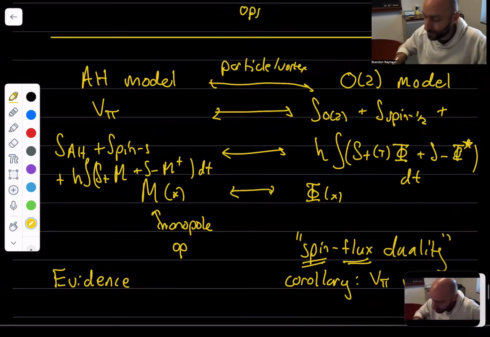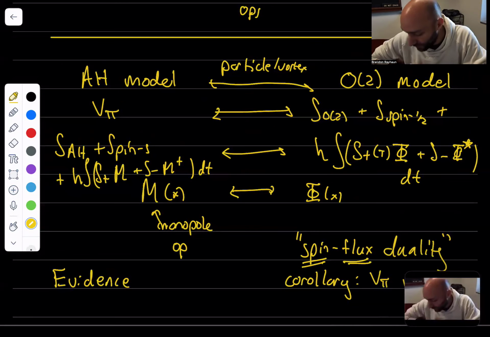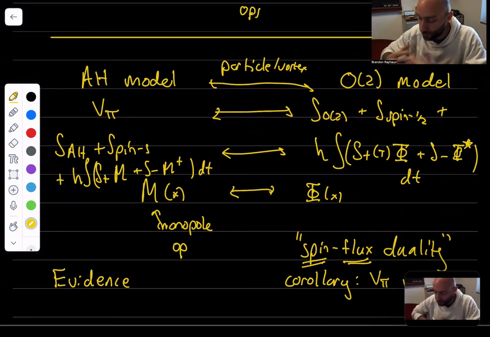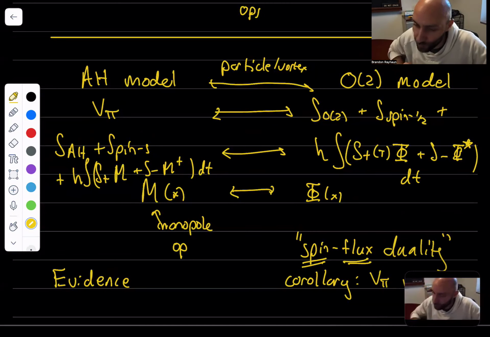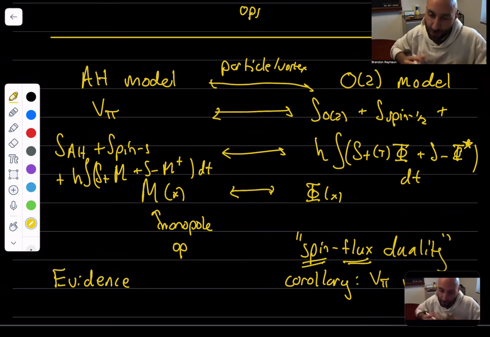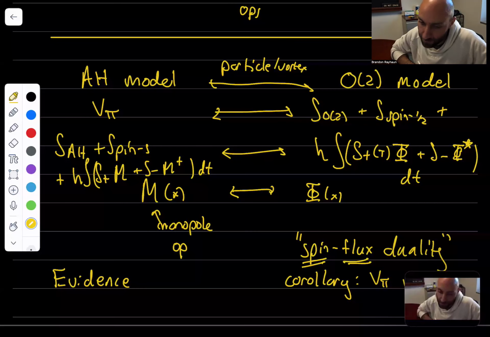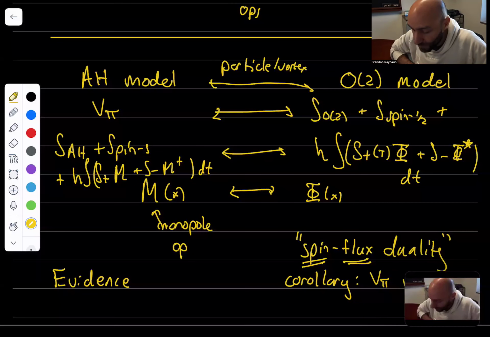And the reason is that we argued a bit ago that in the O3 model, the spin 1/2 impurity flows to a conformal line defect by invoking the g theorem and defect 't Hooft anomalies. And you can use an almost identical argument in the O2 model.